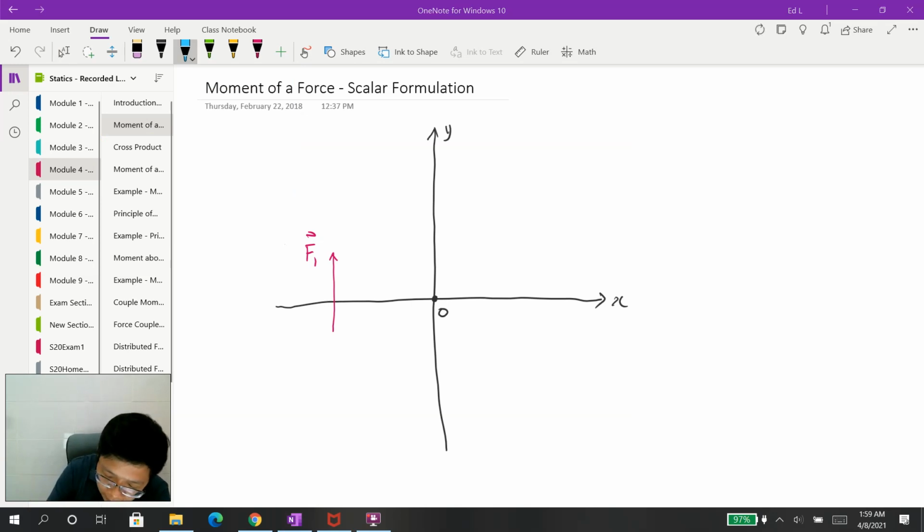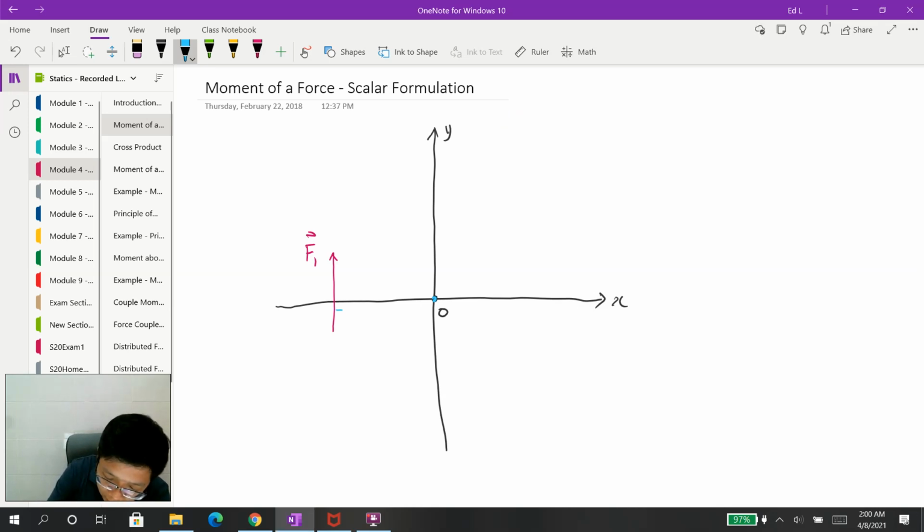We mentioned the need for a distance. What is this distance? This distance has to be the perpendicular distance between the reference point and the location where we apply the force.